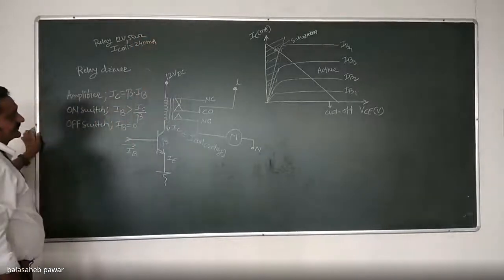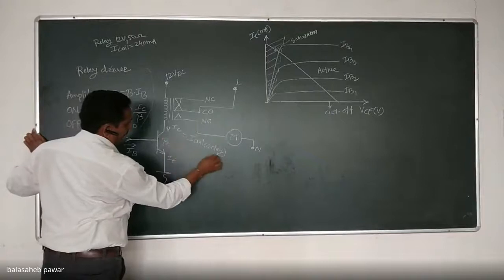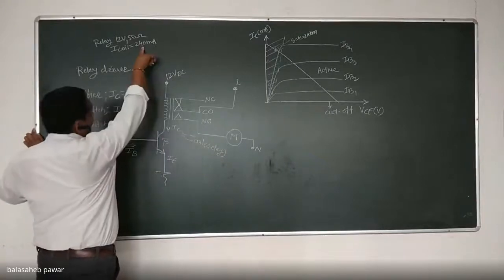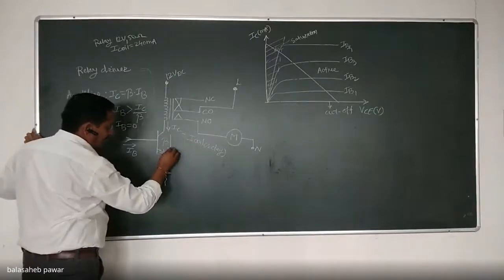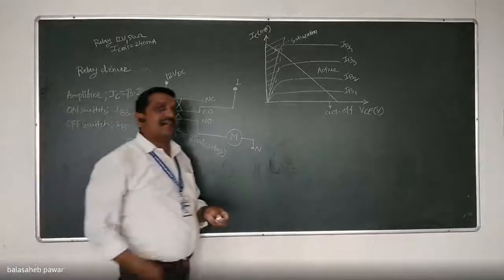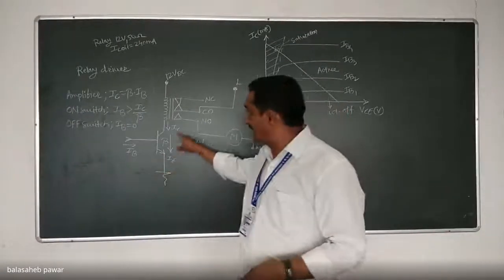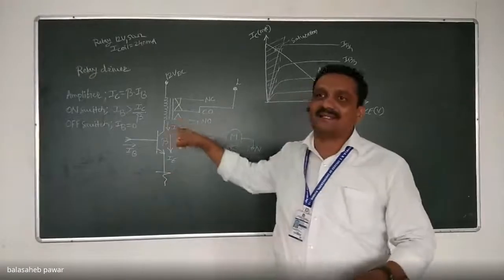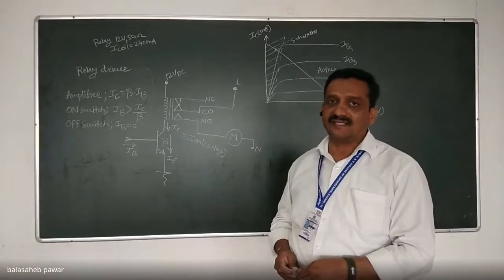And already I mentioned, whenever that relay will get on, that coil will go on to consume the current of 250 milliampere, and same current that transistor have to handle. Are you agree with this? I relay equals to IC of that transistor as it is connected in series with the collector terminal of that transistor. Is it okay?